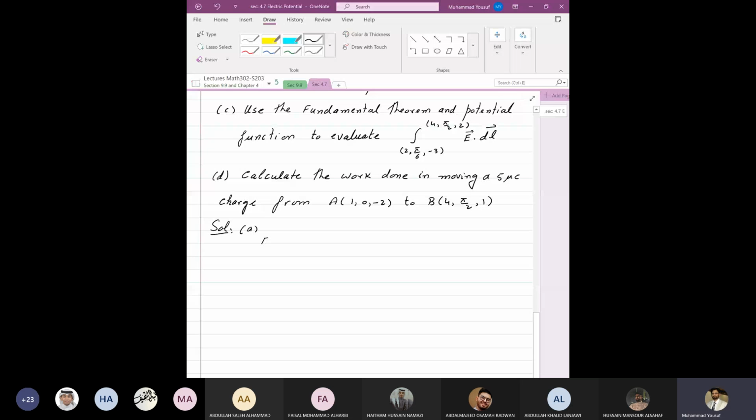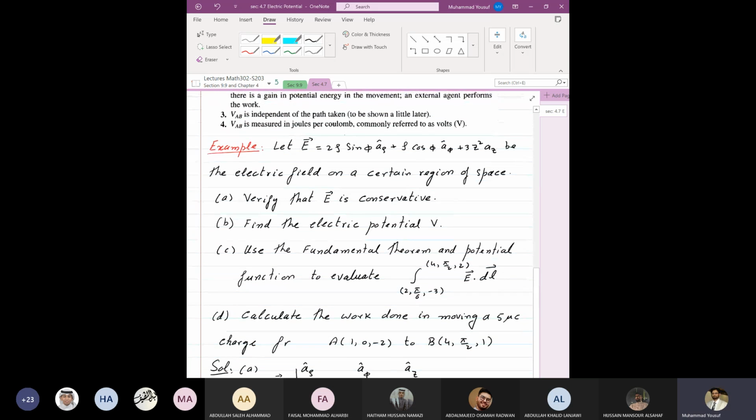For this, we will compute the curl of E, that is, del cross E. Here is the a rho unit vector, a phi unit vector, a z unit vector, then partial over partial rho, partial over partial phi, partial over partial z.